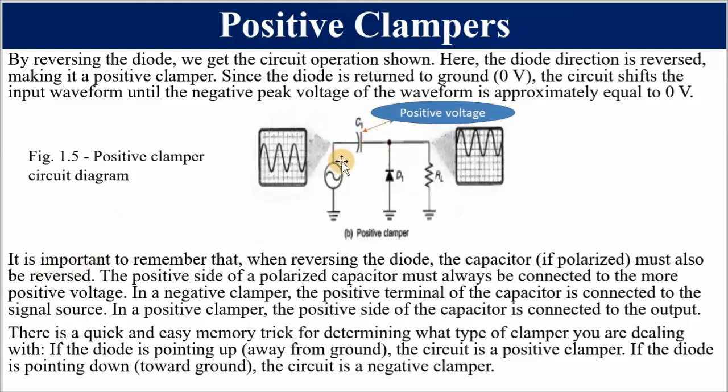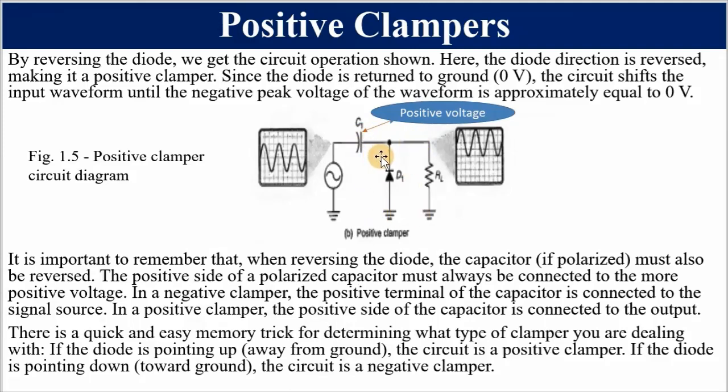The positive side of the polarized capacitor must always be connected to the more positive voltage. In a negative clamper, the positive terminal of the capacitor is connected to the signal source. We saw that the anode was connected to the signal source. In a positive clamper like this, the positive side of the capacitor is connected to the output.